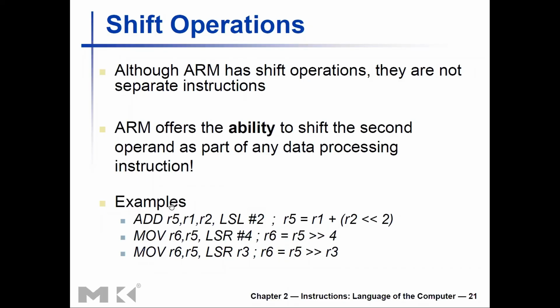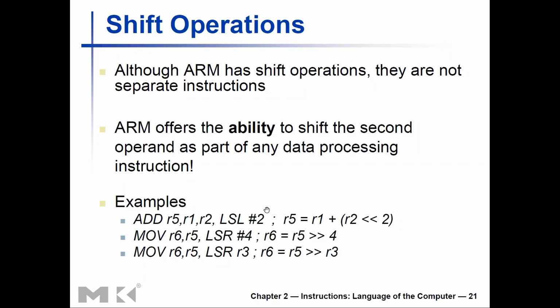And now here you can see when you are performing an add operation, you have add R5, R1, R2, LSL #2. When you are doing this add operation, instead of just adding R1 and R2, up to this point we have discussed add R5, R1, R2, and this is an additional part that you add into that instruction.